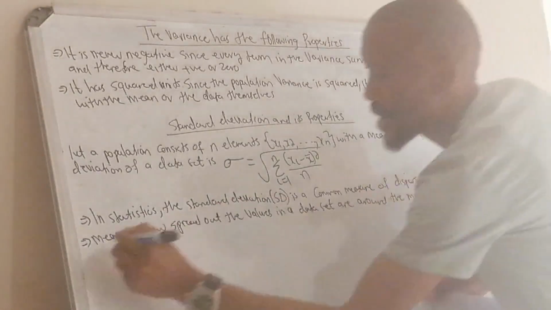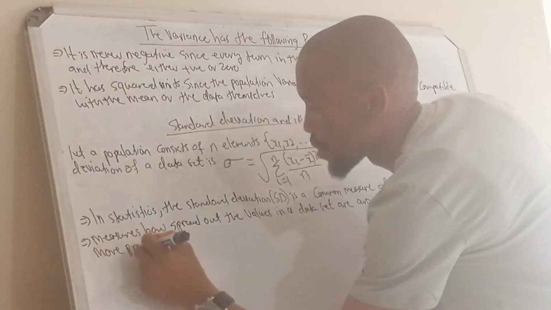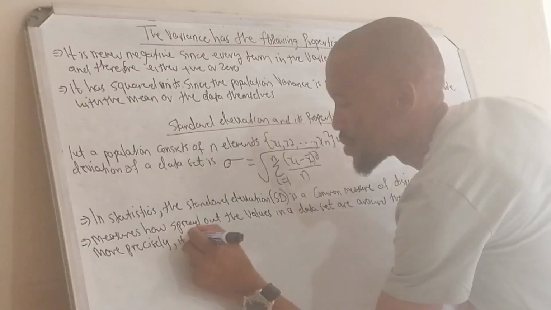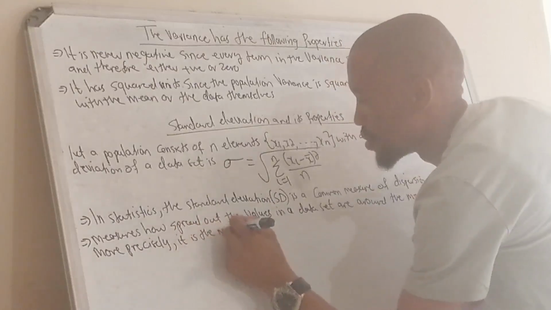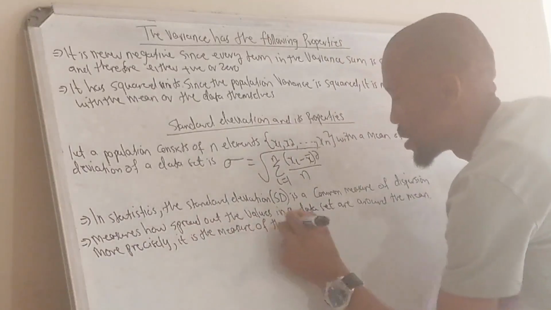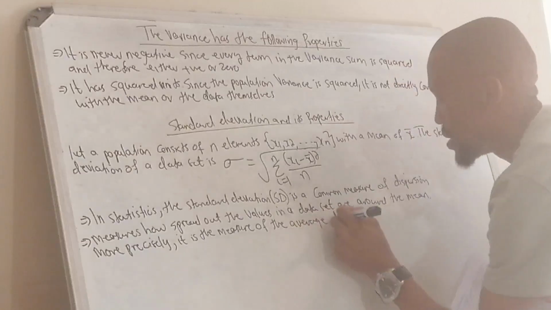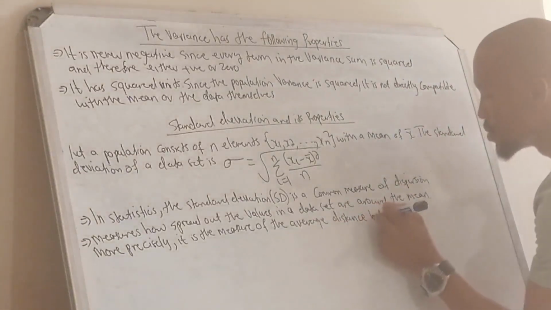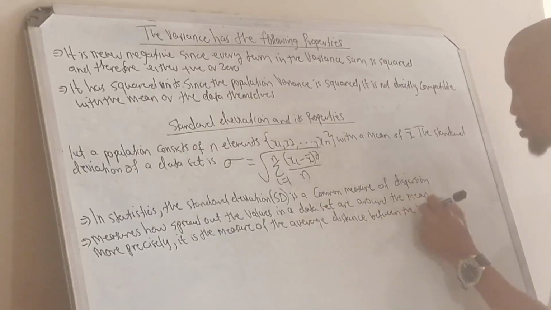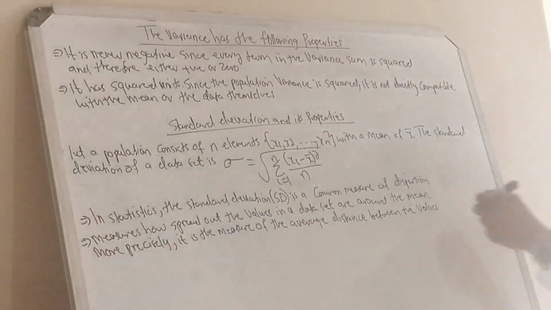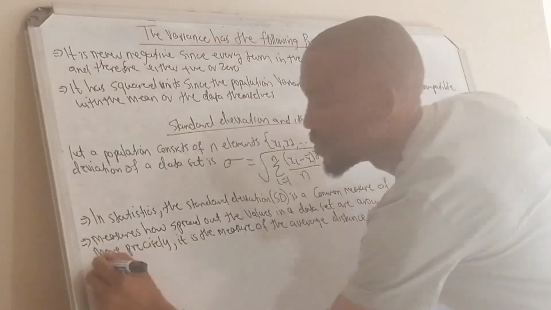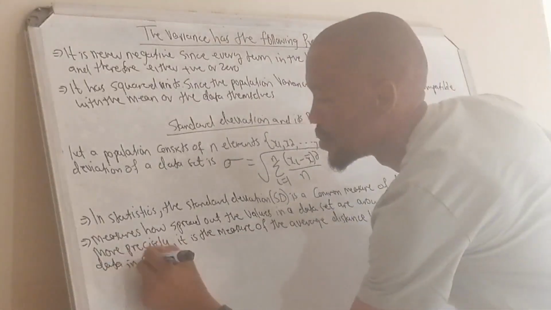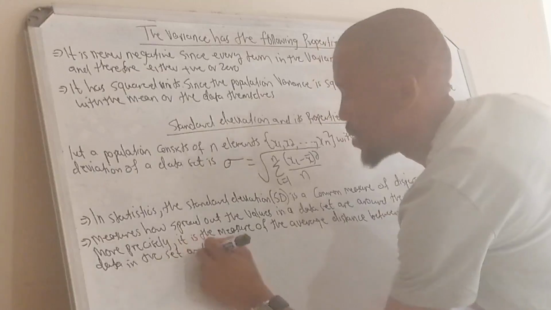And to be more precise, it is a measure of the average distance between the values of the data in the set and the mean.